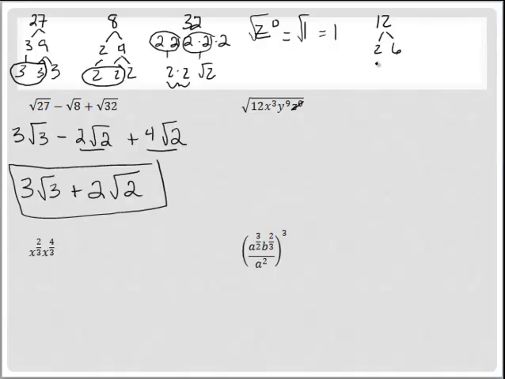Let's say 2 times 6, 2 times 2 times 3. The 2's come out, only 1 survives, and the 3 stays inside. So we're going to have a 2 and a 3 here. Then we have 3 x's, and we have 9 y's.